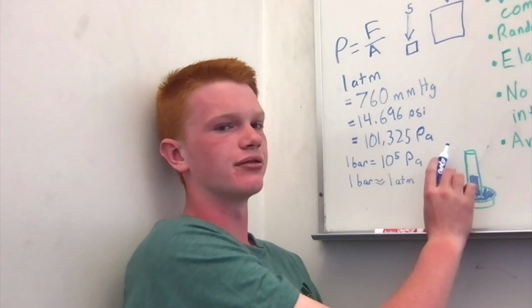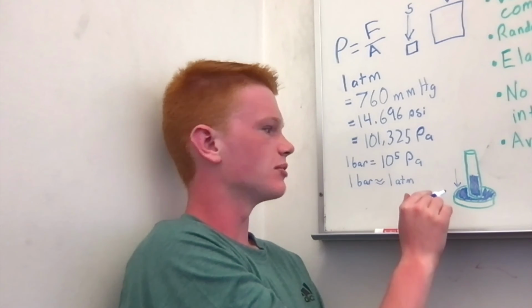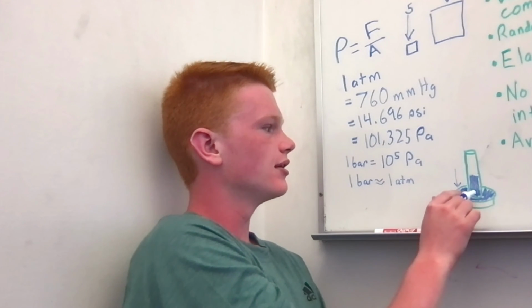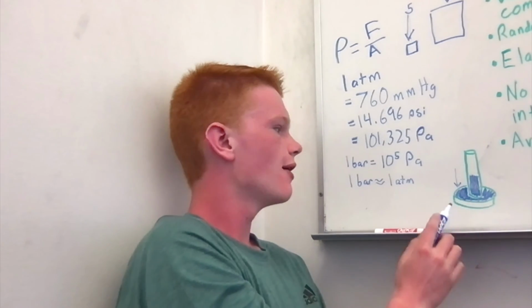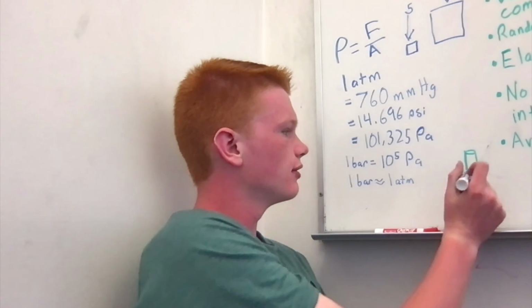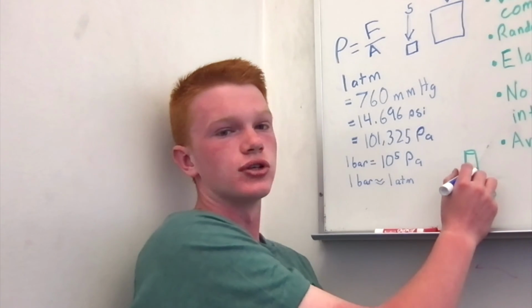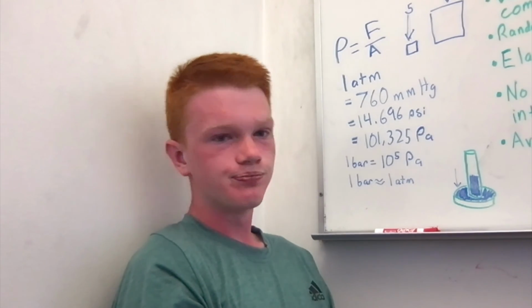So how much pressure the atmosphere is exerting determines how much the mercury goes up. So they determined that at normal atmospheric pressure, 1 atmosphere, the mercury rises to 760 millimeters up the graduated cylinder.